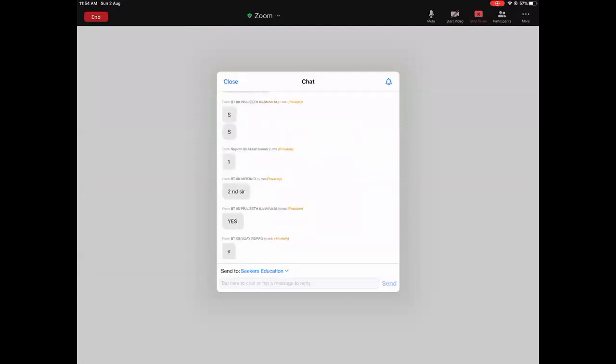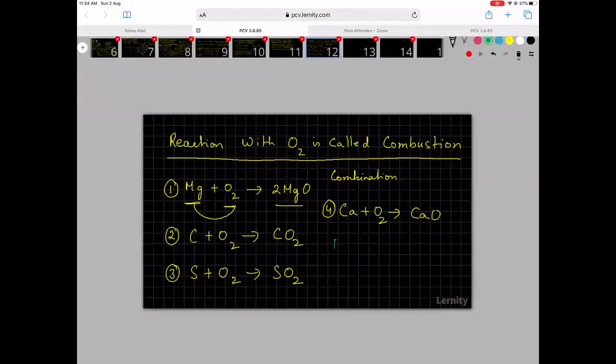Then I want some more responses. So let's understand. Which of these will give you electrovalent compounds? Oxygen is a non-metal. When a metal reacts with a non-metal, it will give an electrovalent compound.